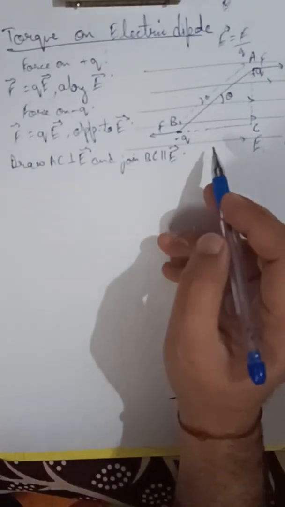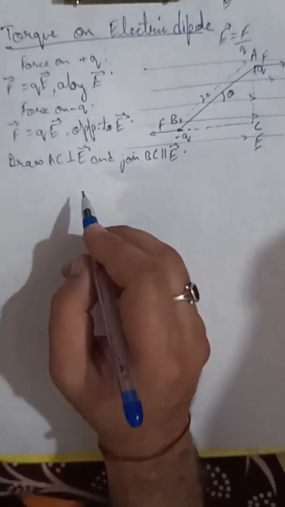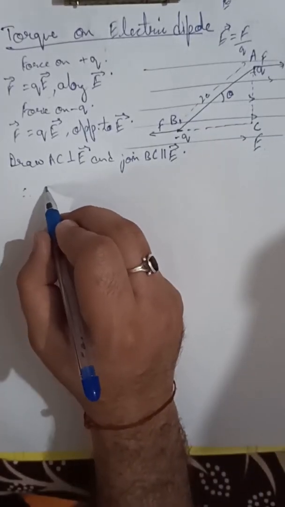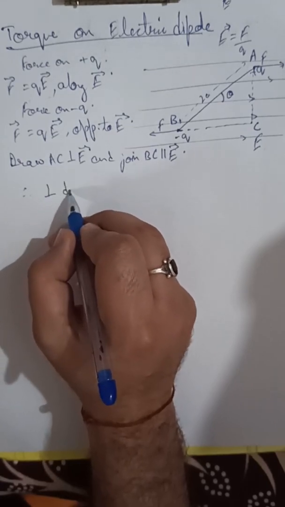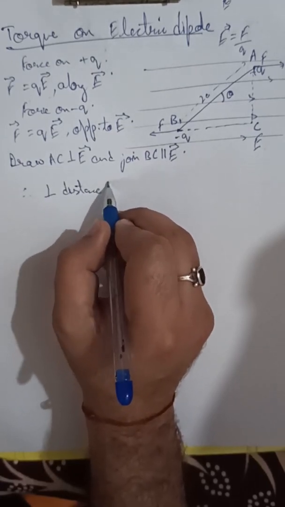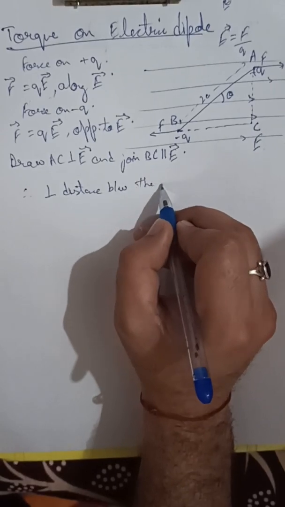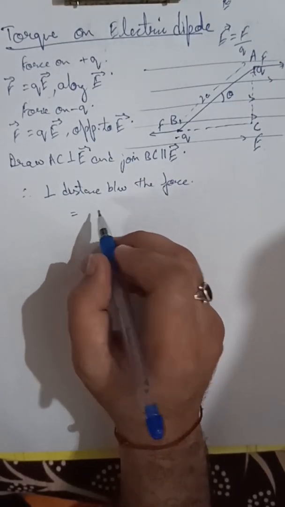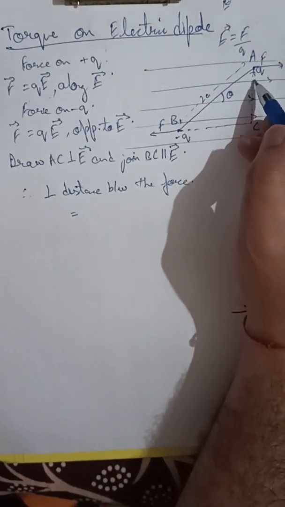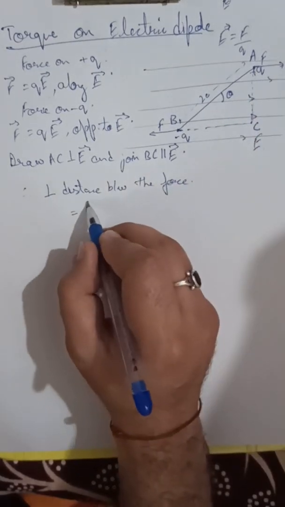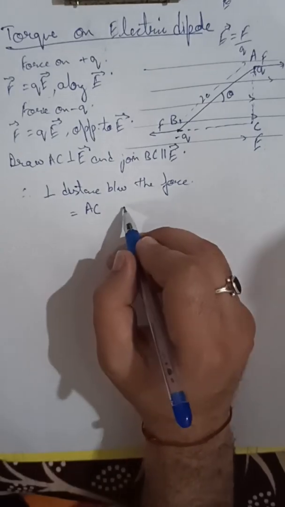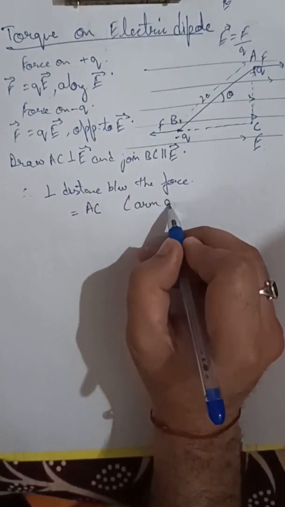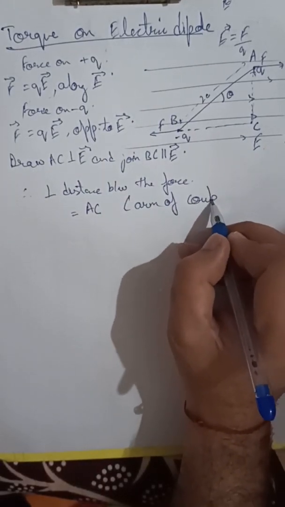We will get a right angle triangle. Therefore the perpendicular distance between the forces will be equal to the perpendicular distance AC, and it is also called the arm of couple.